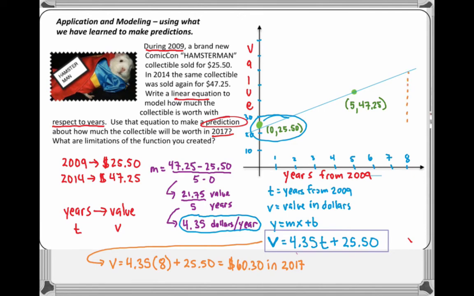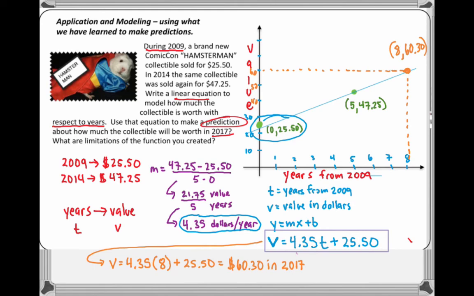If we look linearly, at 8, and you can tell that this is 40, 50, 60, it's going to come on over here, and it looks like we did pretty good as far as making this point right here. So we end up with 8, comma, $60.30.